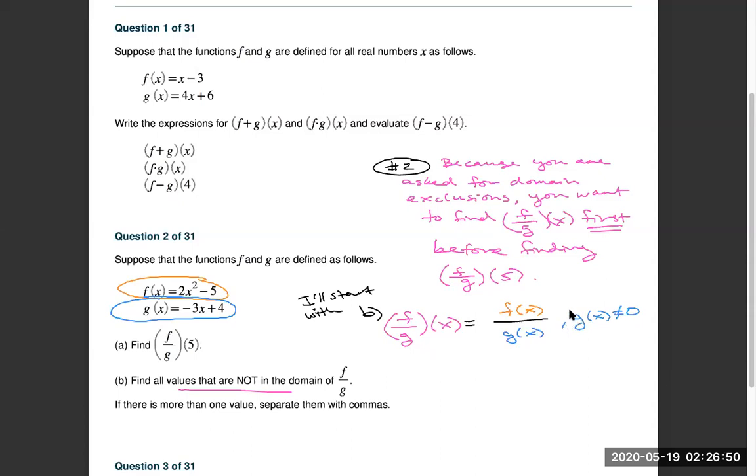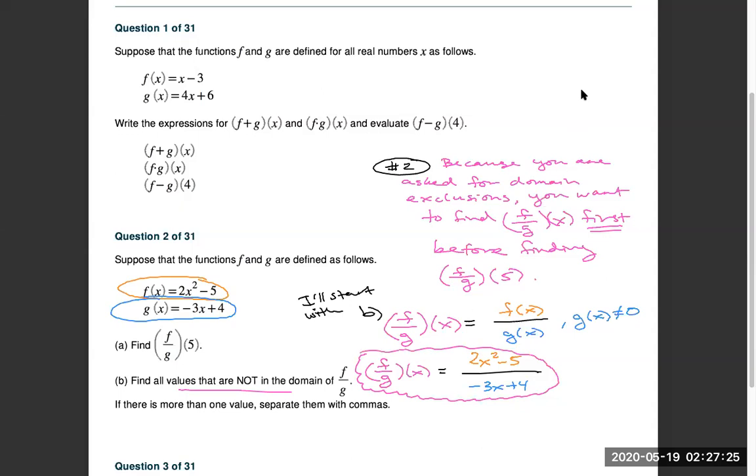So f divided by g of x is equal to 2x squared minus 5, the quantity, divided by negative 3x plus 4. That's our general function f divided by g.